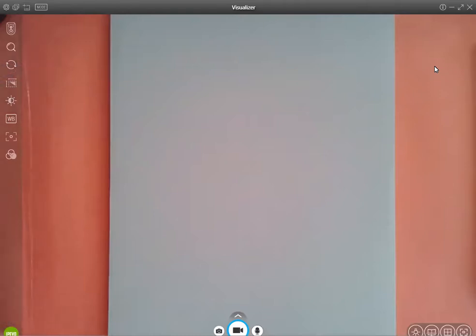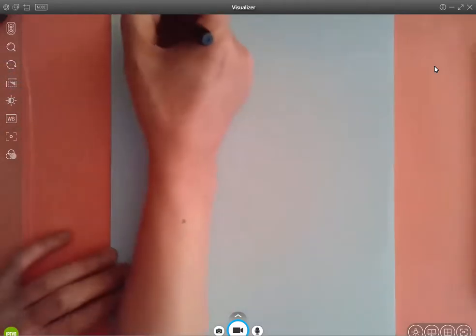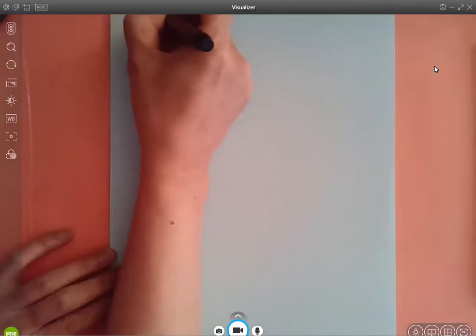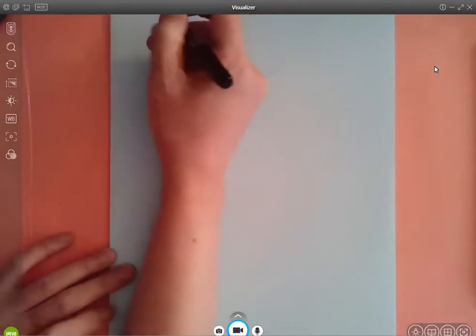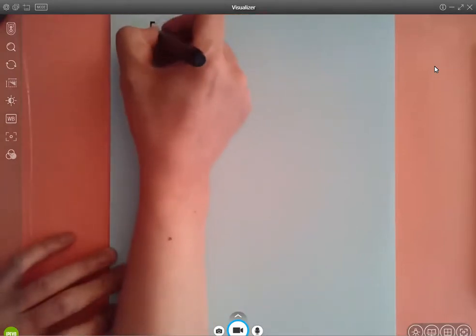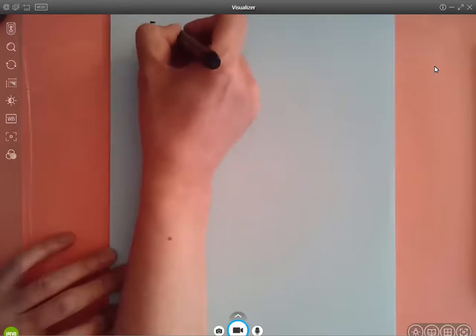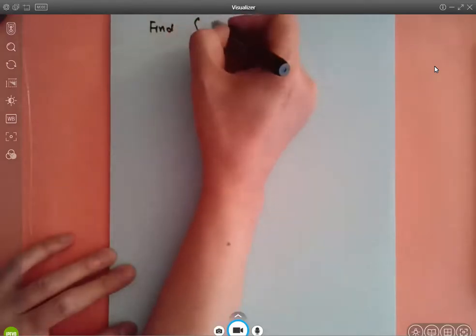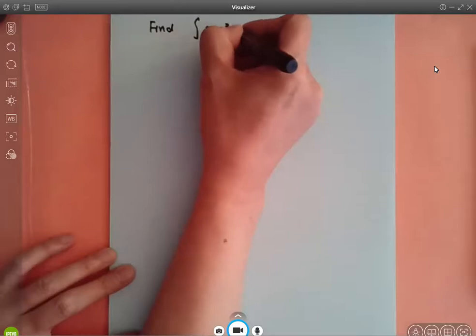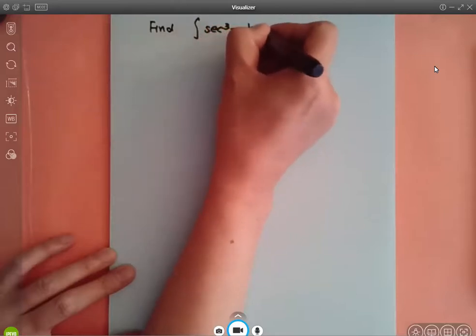We are doing trigonometric integrals. Today's example is: find the integral of secant cubed x dx.